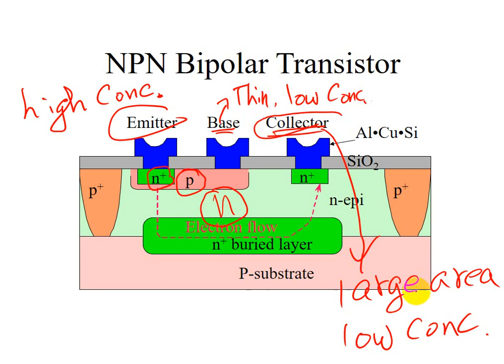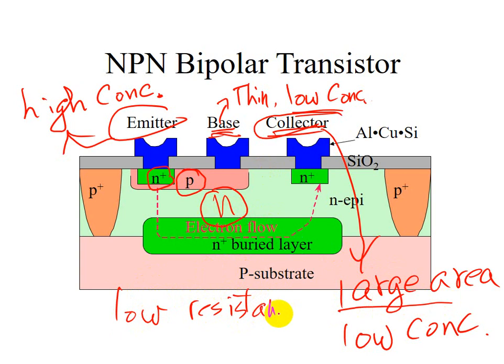Emitter has a high dopant concentration. Base area is thin and low concentration. For another N collector area, large area, actually with low resistance. Low resistance, okay?